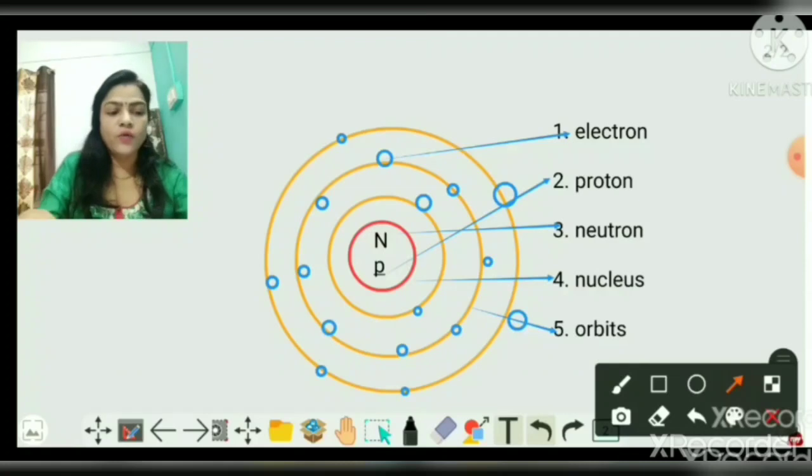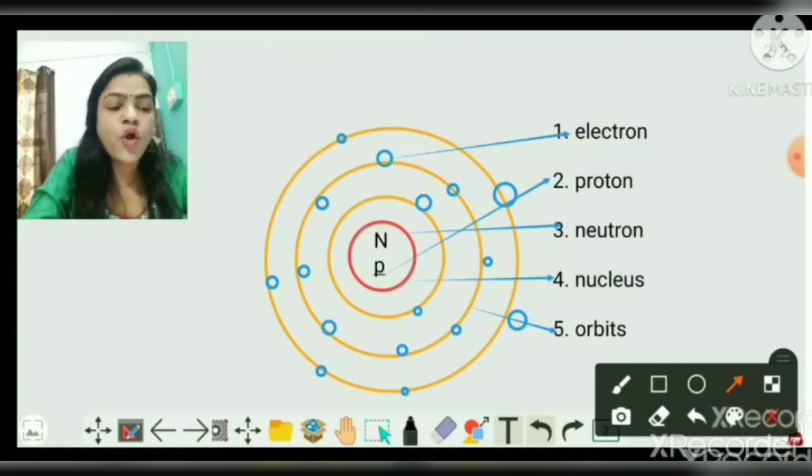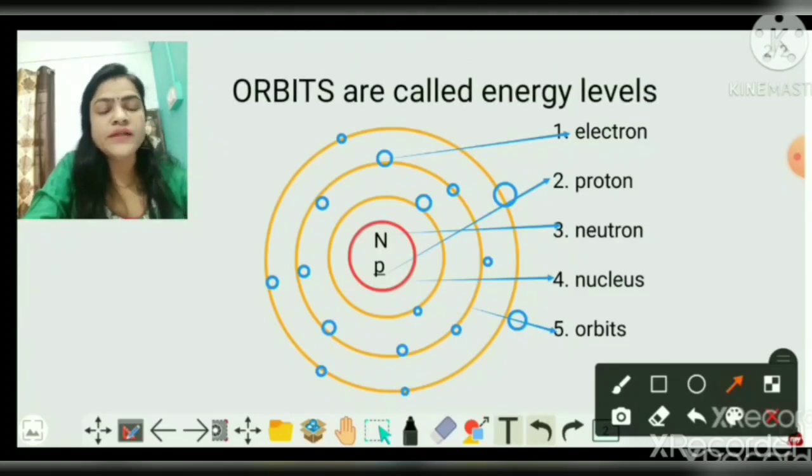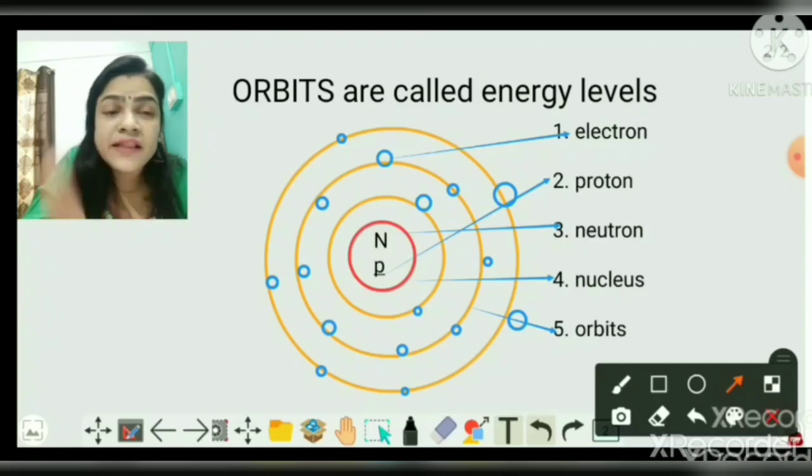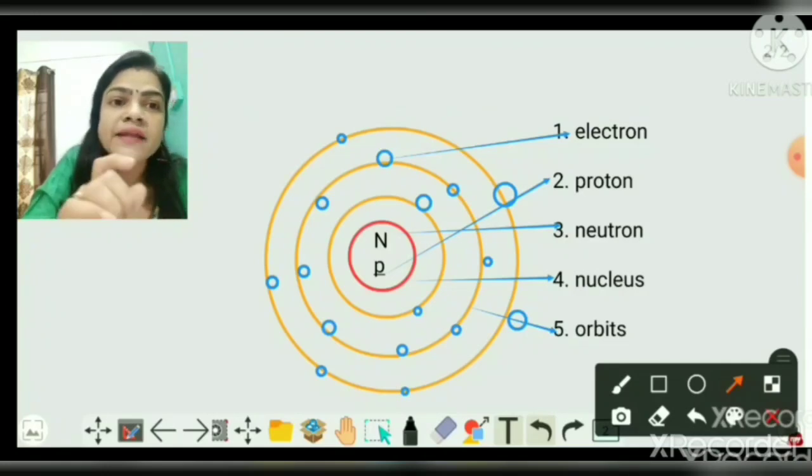Okay, now another part of an atom is orbits. Orbits are called energy levels. These yellow circles are called energy levels, or orbits.